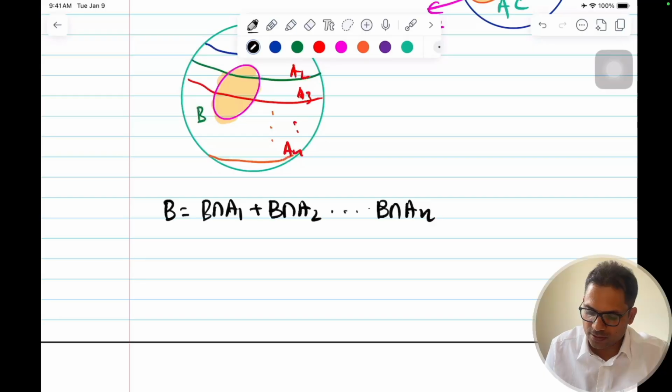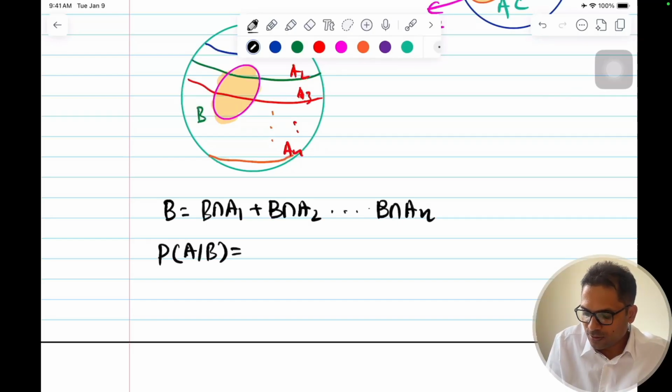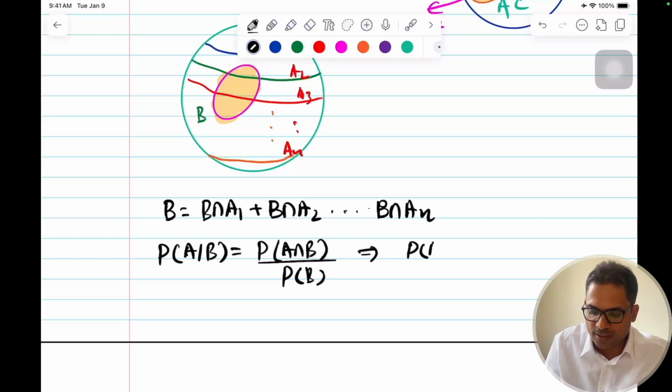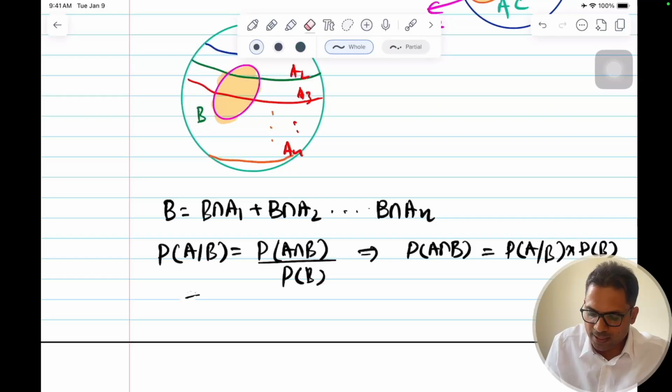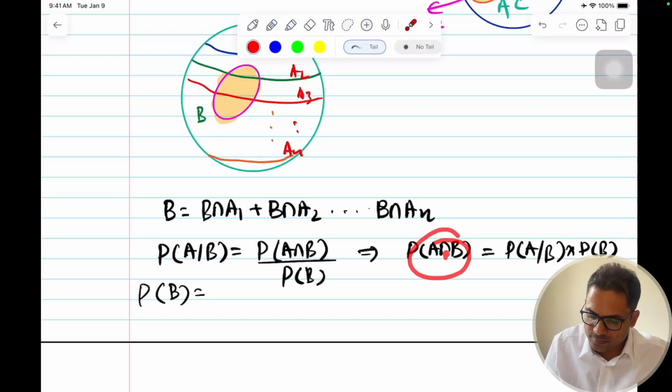How did we break this down? This is B intersection Ai. This can be written from the conditional probability, right? What is the conditional probability? Do you remember? P of A given B is equal to probability of A and B by probability of B. This implies the chain rule. What was it? Probability of A intersection B is equal to probability of A given B into probability of B, right? Now each term, just plug it in here.